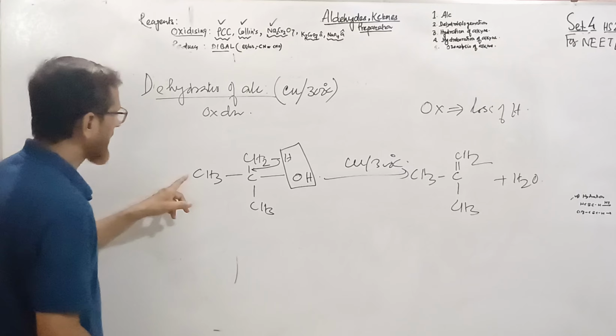Whenever there is CH, that CH becomes CHO, and the other part will have two hydrogens attached. So one part H2 and the other part CHO. Am I right? So we will not do anything.